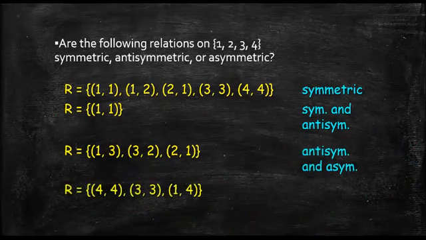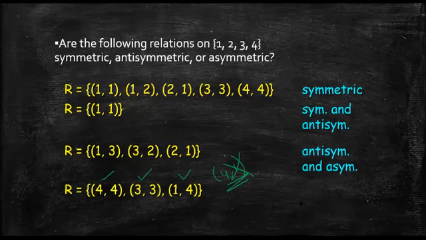Next, let's see the next relation. We have (4, 4), (3, 3), (1, 4). In this case, we have the elements (4, 4) and (3, 3). But what about (1, 4)? For (1, 4), do we have (4, 1) for it to be symmetric? No, we don't have (4, 1), so it is not symmetric.